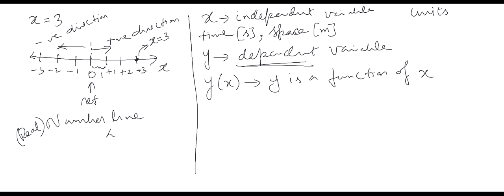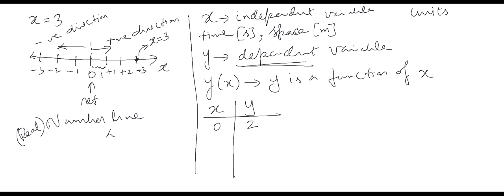For example, I make an experiment with x, and I'm also measuring y. I have x as 0, and y comes to 2 to begin with.